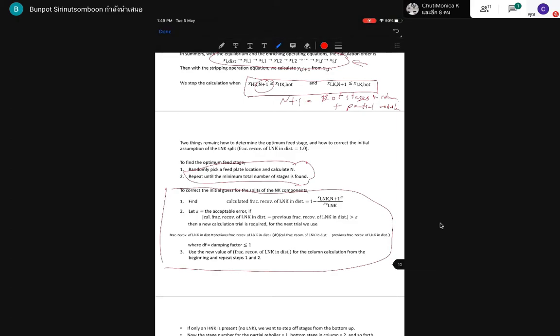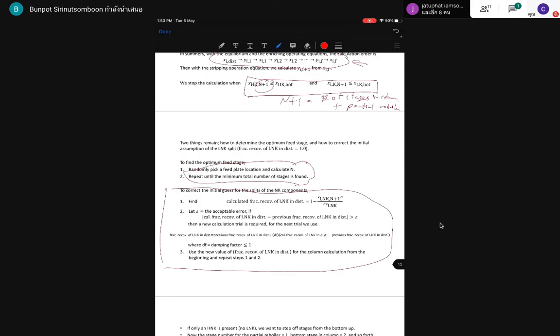We assume that all the heavy non-keys go to the bottom and all the light non-keys go to the top. But that's just an assumption. It's not quite true in the more accurate calculation. So to correct this assumption, you have to follow these steps.